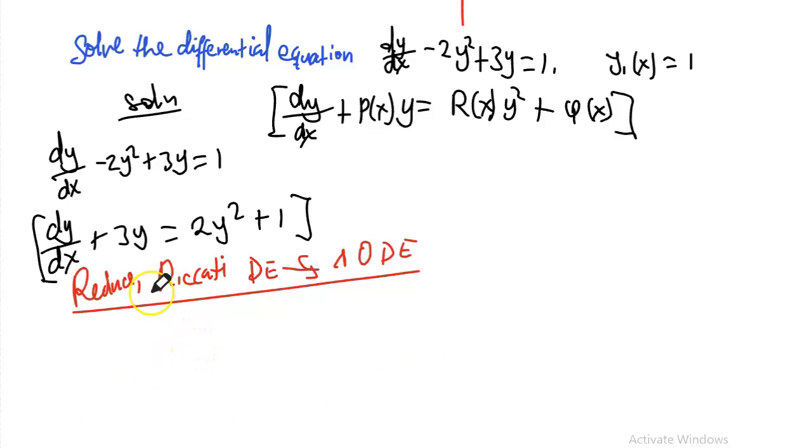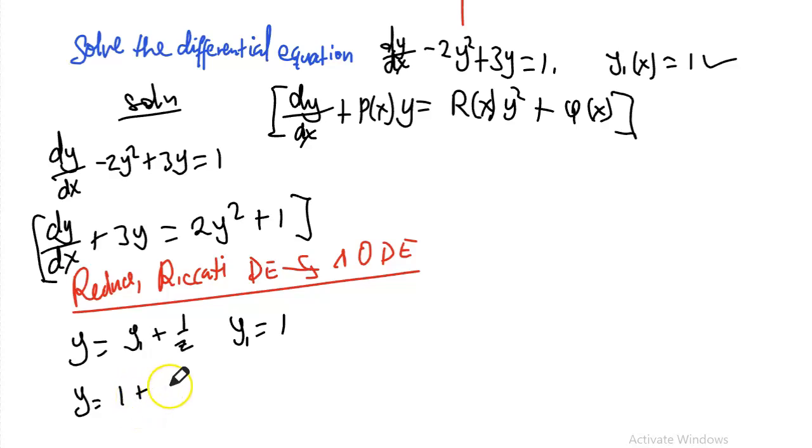We are told that to reduce this differential equation to first order, we need to use y equal to y1 plus 1 over z, or 1 over u. In this case, our y1 is simply equal to 1 as given here. So our y therefore becomes, instead of y1, we put our 1, plus 1 over z. And you know, 1 over z is nothing but z to the power of negative 1.